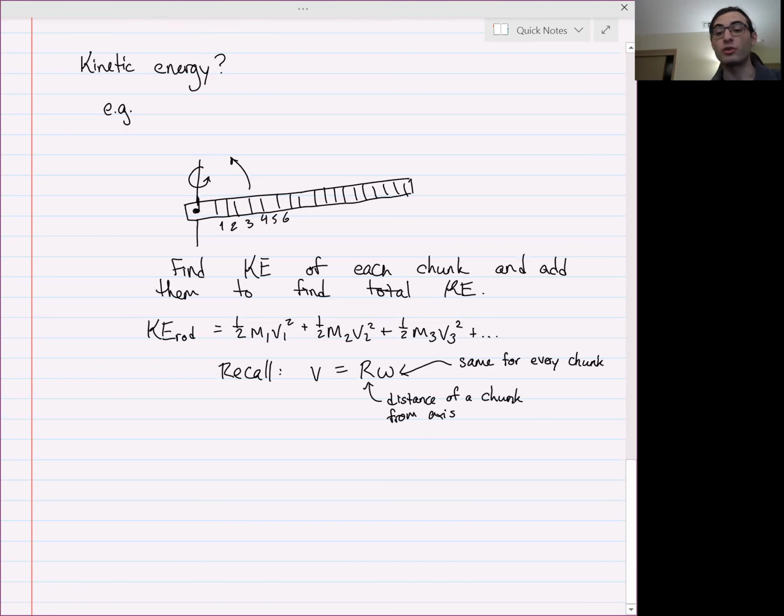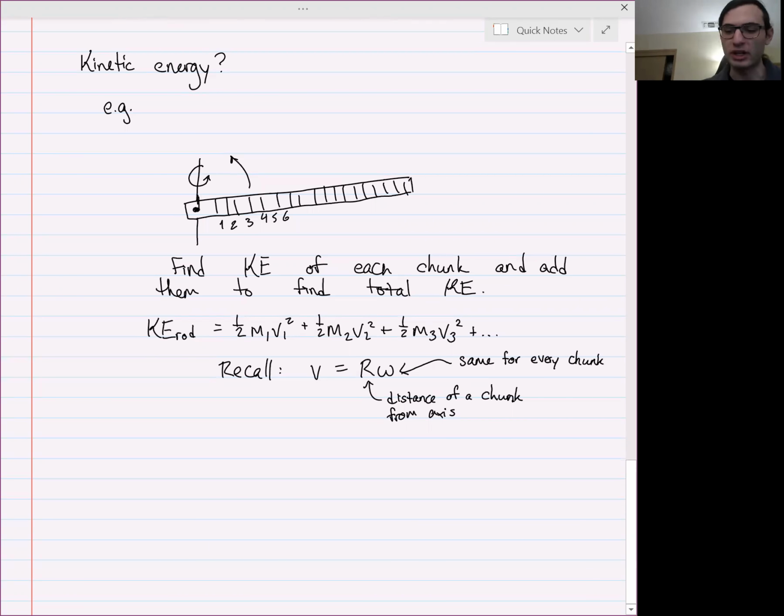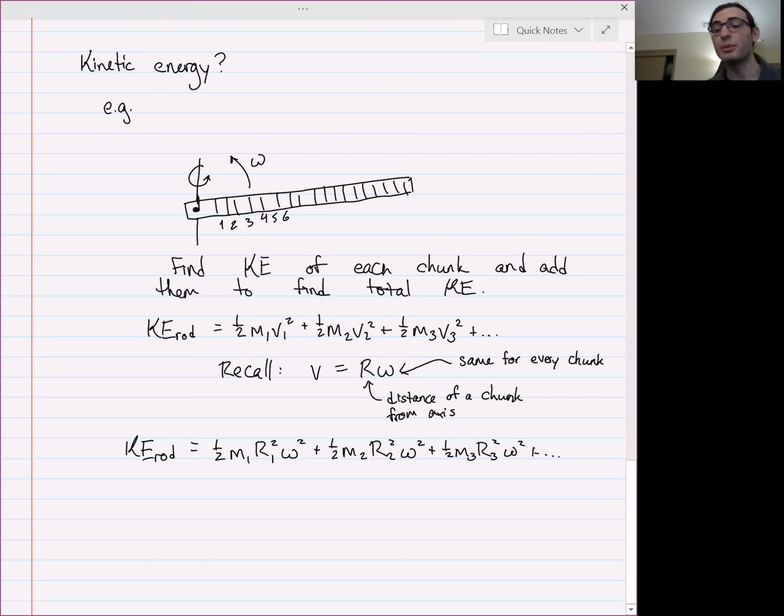And so we can do this for V1, for V2, for V3, and so on. We find that the rod's kinetic energy is 1/2 M1 R1 squared omega squared, where omega is the same for all of them, this rotational speed of omega, plus 1/2 M2 R2 squared omega squared, plus 1/2 M3 R3 squared omega squared, plus and so on. And so we can factor.